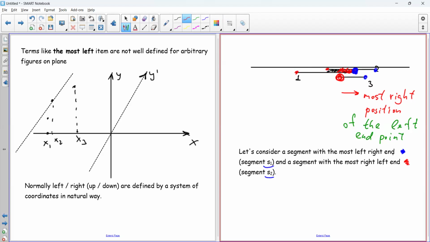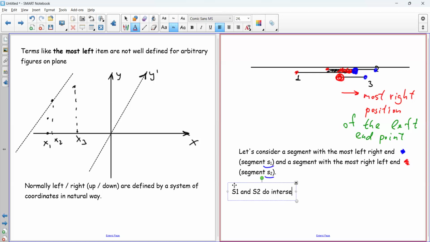We say that, okay, after this consideration, S1 and S2 do intersect by their conditions, right?